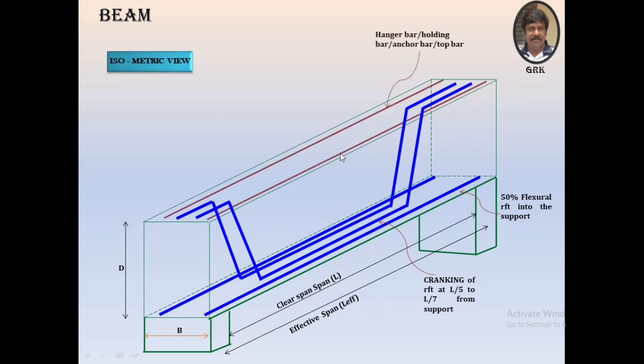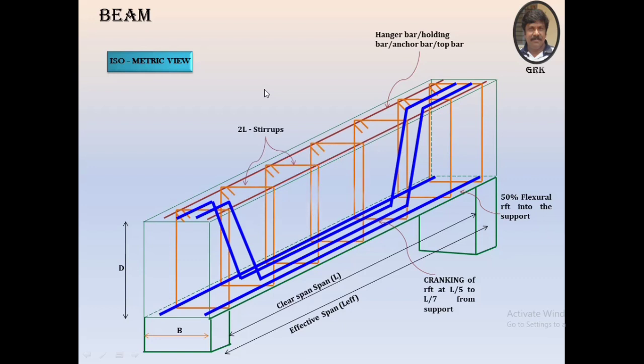Now you can see the top bars, which are provided nominally, called anchor bars or holding bars, which are used to keep the reinforcement in position, the stirrups in position. We are going to have these top bars. Now you can find the stirrups placed at a regular interval.